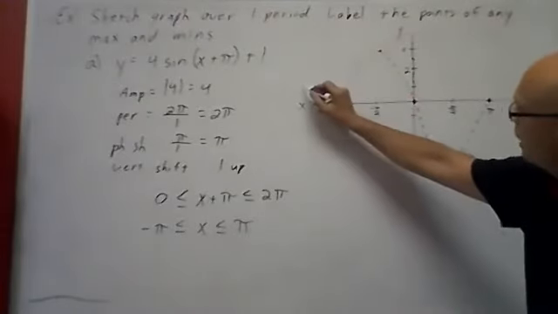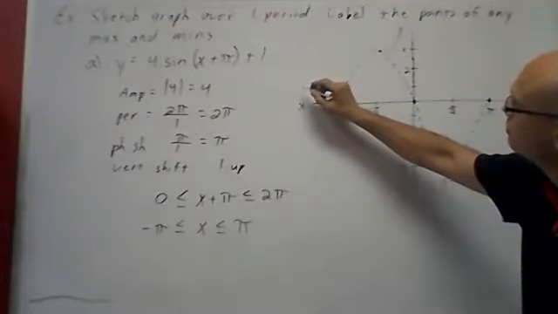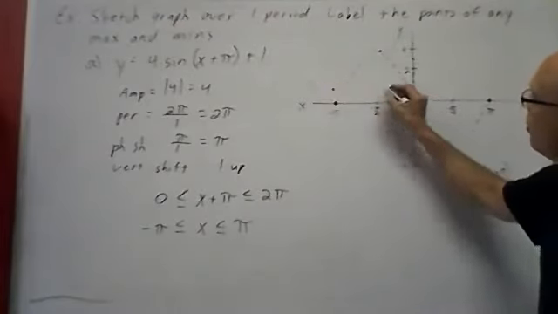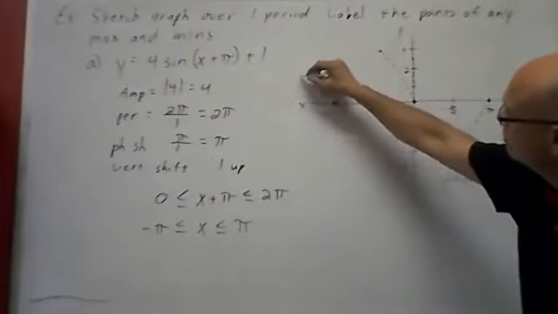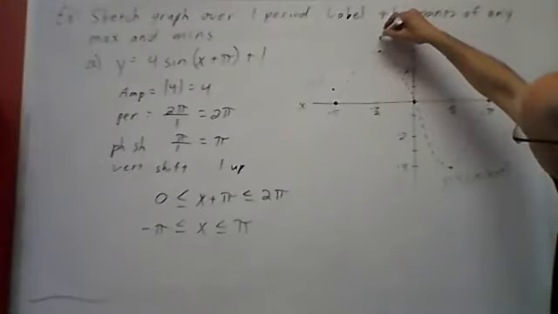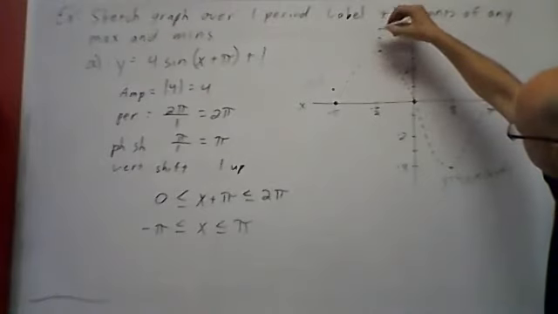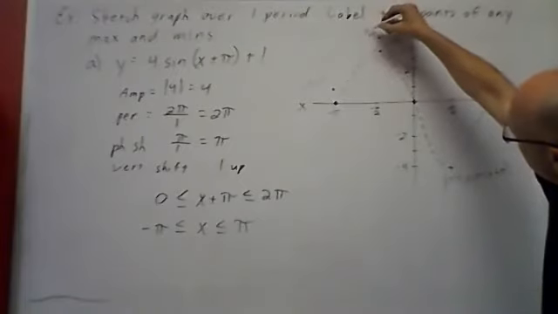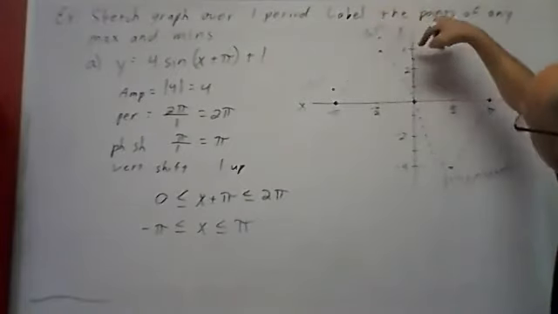Where does that put me? At negative pi, what? One, right? All right, what about this point? What if I go up 1 unit? Where does that put me? Negative pi over 2, comma, 5 instead of 4.